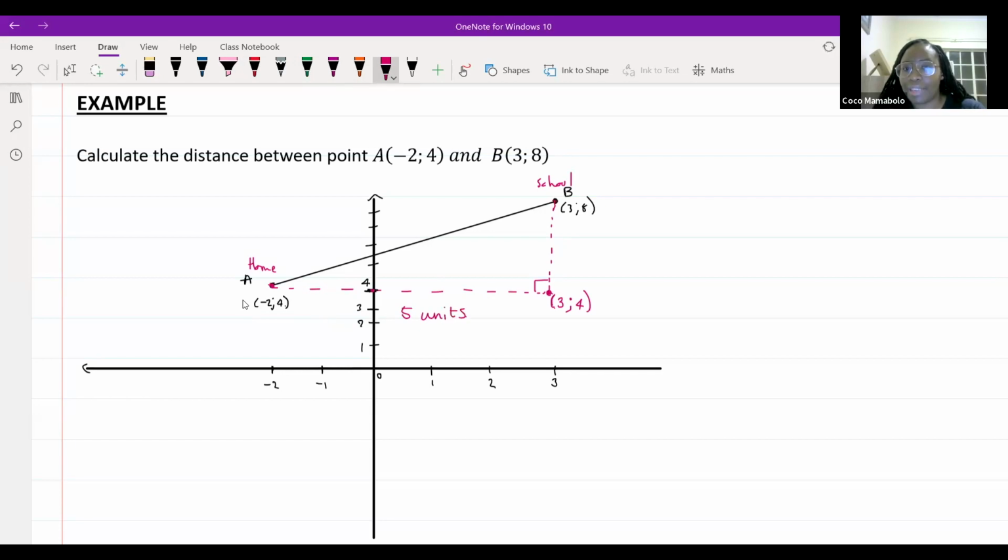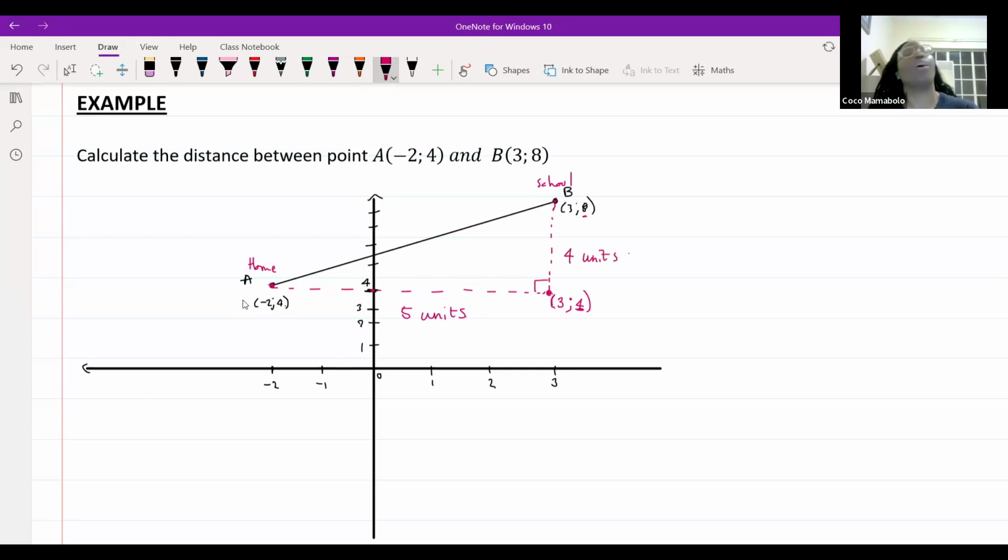And on this side, from here to there, what would the distance from there to there be? How many units? From 4 to 8. I'm at the y coordinate 4, and I go to the y coordinate 8. How many units is it from 4 to 8? It's 4 units, okay? Don't overthink it, Abu. If I had to go from 4 to 8, I would get 4 units on this side.